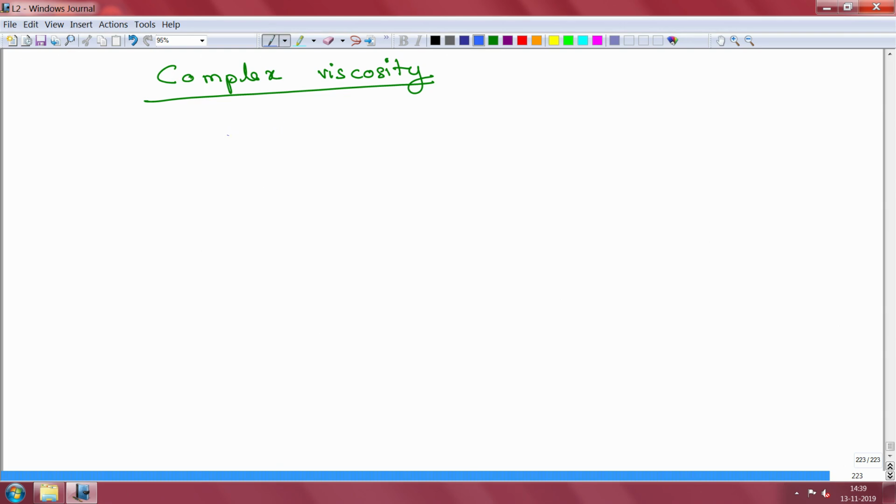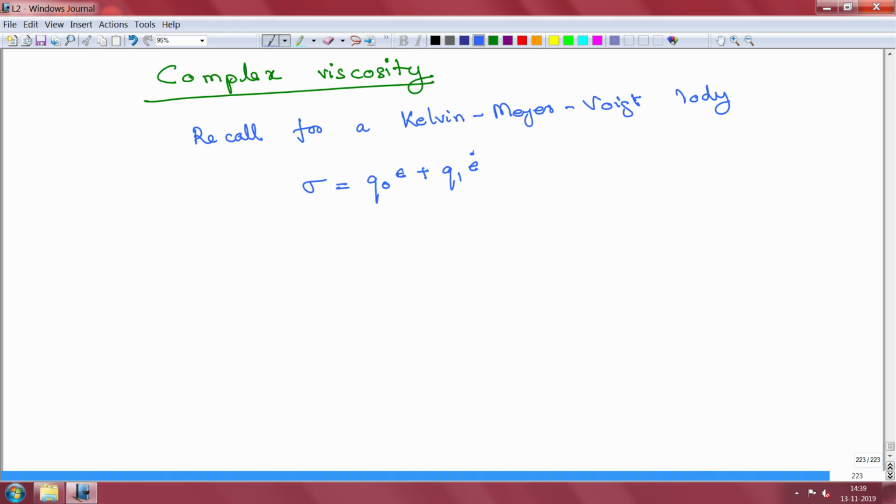So, for a Kelvin-Voigt body, your equation was sigma equal to a term which only has epsilon, and there was another term which was going to have epsilon dot, right, where q naught was E and this other term q1 was the viscosity, right.